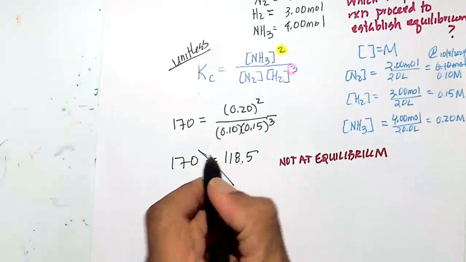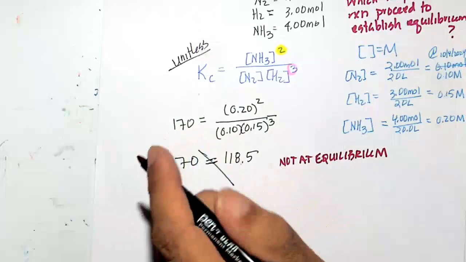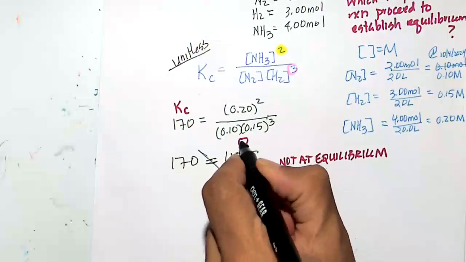Which way will this go to get to equilibrium? This is Kc, given to us in the problem. I'm going to call this Q.